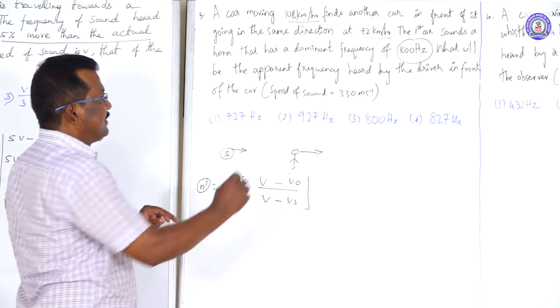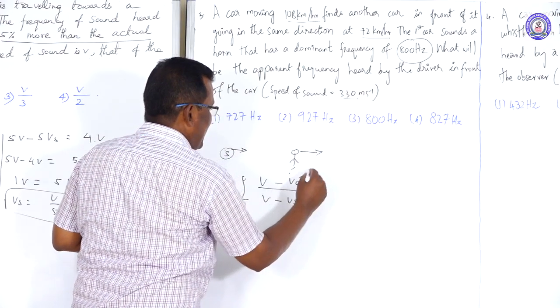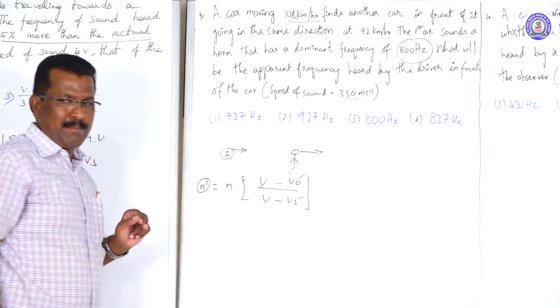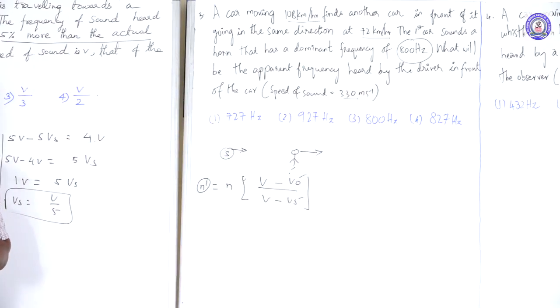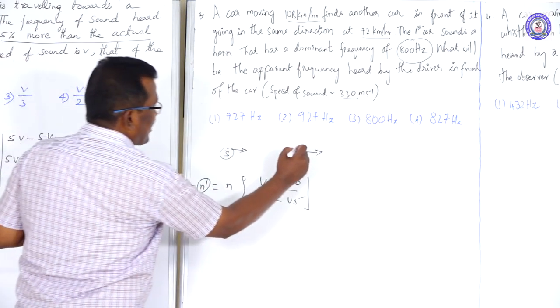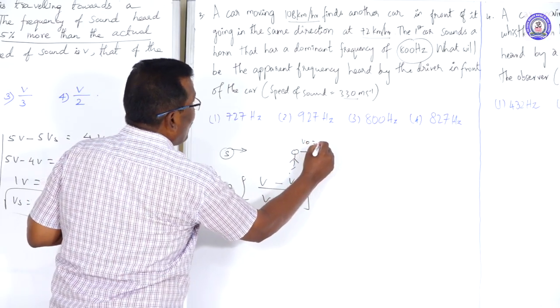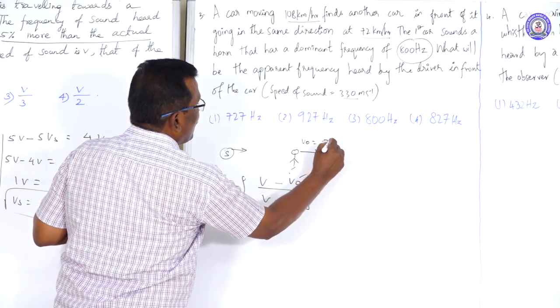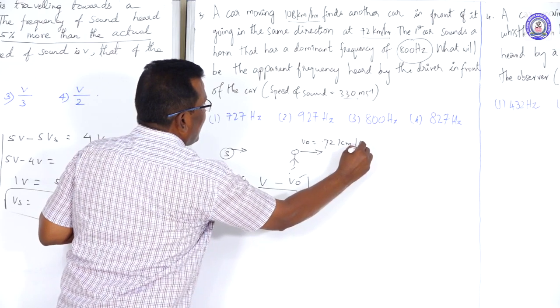V is given as 330 meters per second. VO and VS are given, but not in meters per second, they are in kilometers per hour. So VO, the observer, is moving at 72 kilometers per hour.